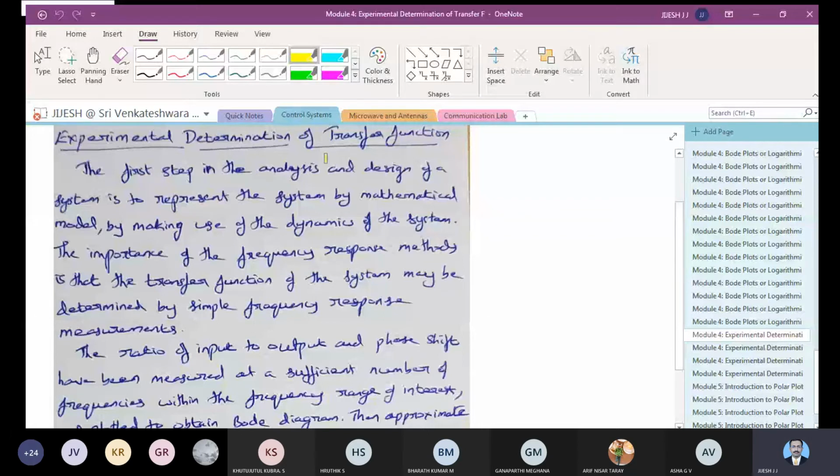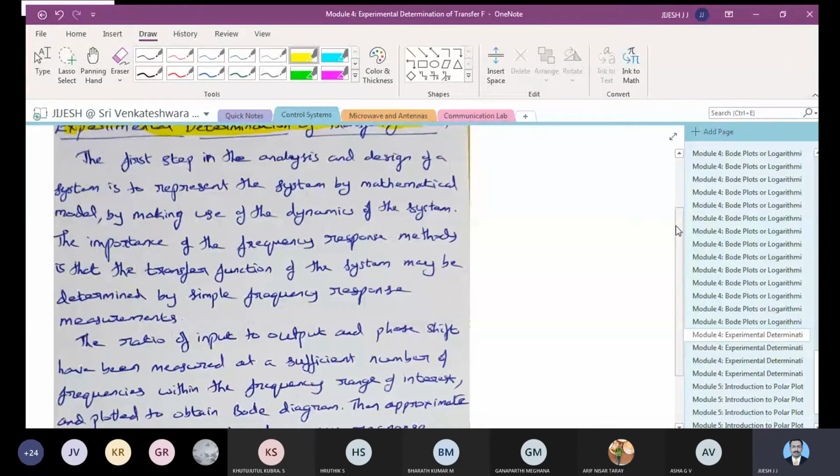So the next one which we are going to see is experimental determination of transfer function, the last topic of this module. Here you know the transfer function already. The first step in the analysis of the design of the system is to represent the system by a mathematical model by the use of dynamics of the system.